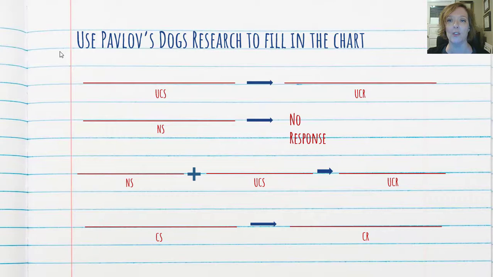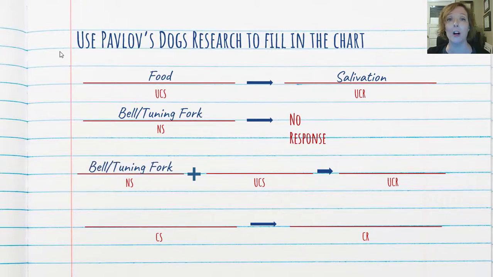So let's go through this with the example. Food is the unconditioned stimulus. It is going to elicit salivation as an unconditioned response. The dog does not have to learn or associate anything for food to cause salivation. Originally, the sound of the tuning fork did not elicit a response. Nothing changed, nothing happened.